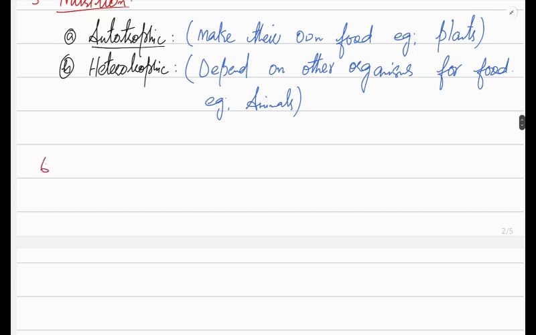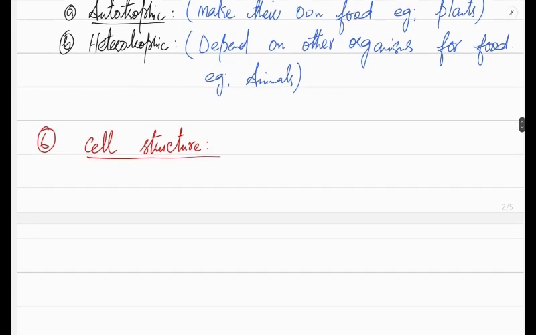After that, we have one more basis of classification, that is cell structure. There are a lot of differences between different types of cells. Some cells have some parts present and some cells have some parts absent.